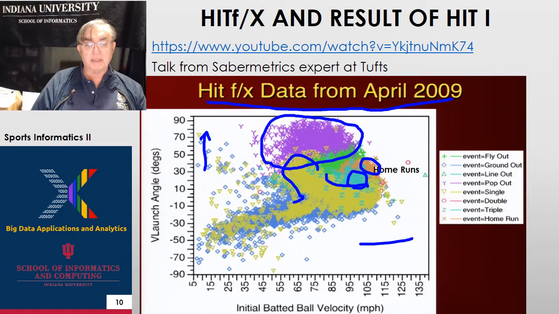Although, of course, the way it's plotted, you really need to see which color is underneath which other color. You just get presumably the dominant color here.